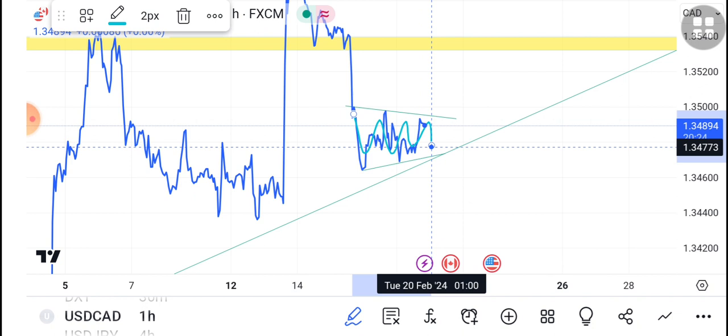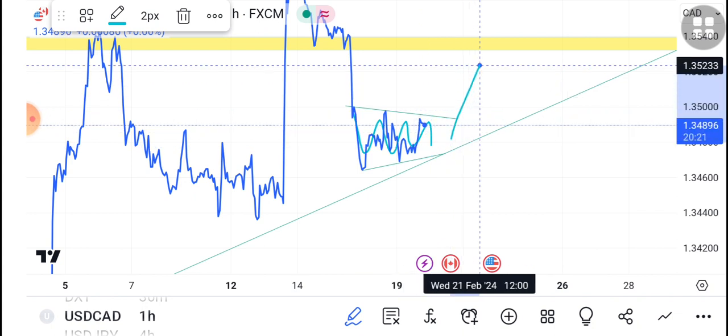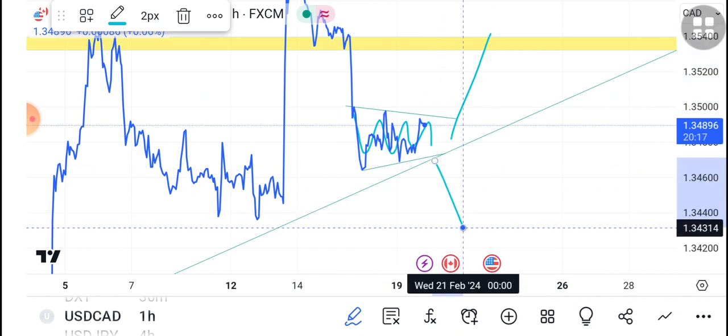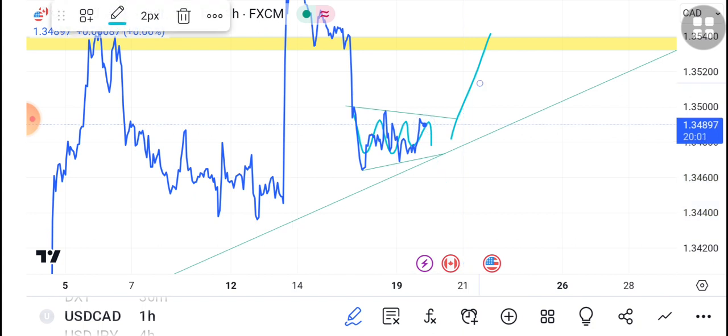So from here the market can reverse and go up, or can break out. The reason it's still consolidating is for us to see which side wins, either the bulls or the bears. If the bears win, we are selling. If the bulls win, we are buying. So this is our conclusion.